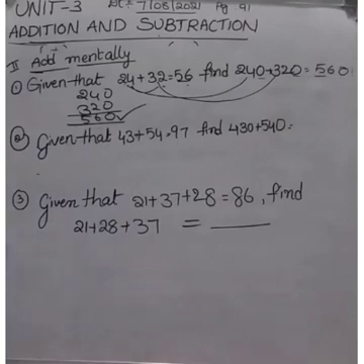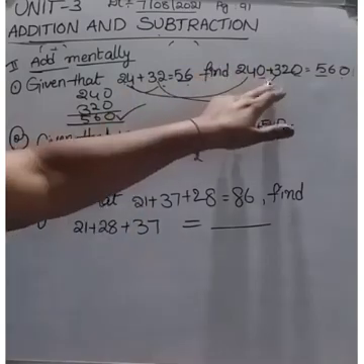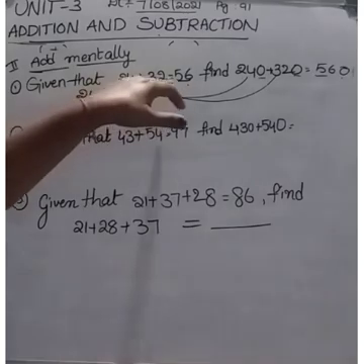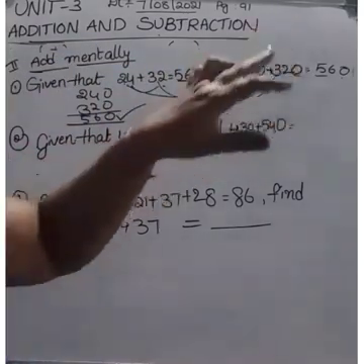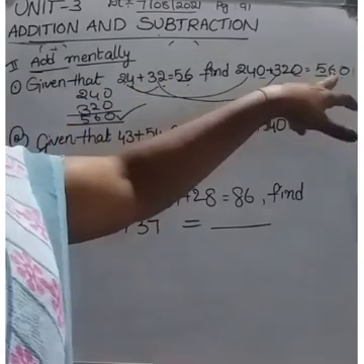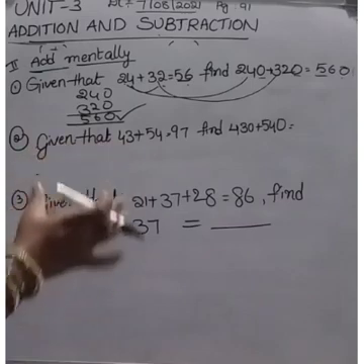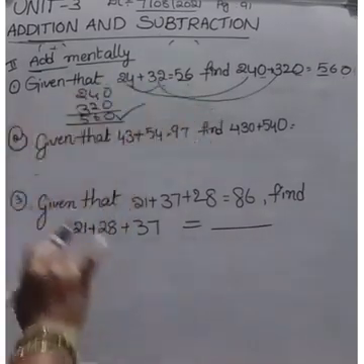This is a mental ability test. So let's observe clearly, then you have to find the total without adding. Because 24 plus 32 is equal to 56, each number has one more 0, that's why we have to add one more 0 in the total also. This is a mental test. In computer tests also these kinds of problems will come.